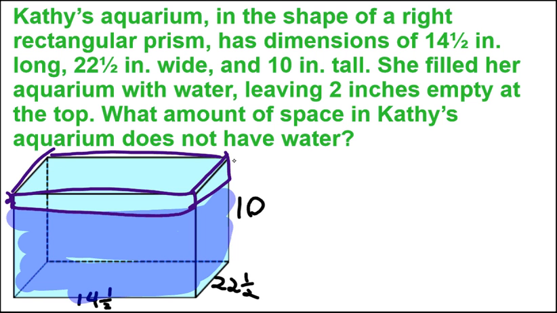So what's the height of that little piece? 2. The height is the 2. We still have 14.5, and we got 22.5. So we do 14.5 times 22.5 times 2.